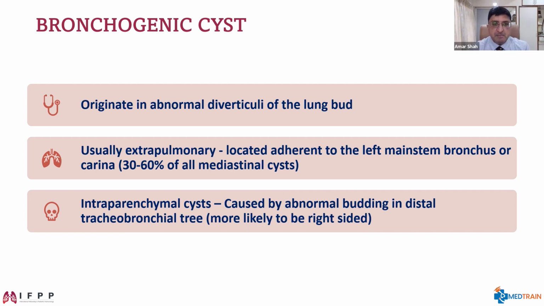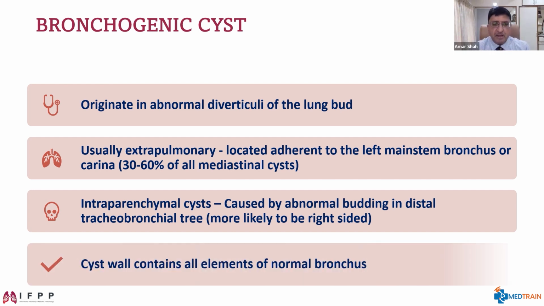The bronchogenic cysts may also be intraparenchymal, and they are caused by abnormal budding in the distal tracheobronchial tree. These may, however, be more on the right side. The cyst wall contains all the elements of a normal bronchus.